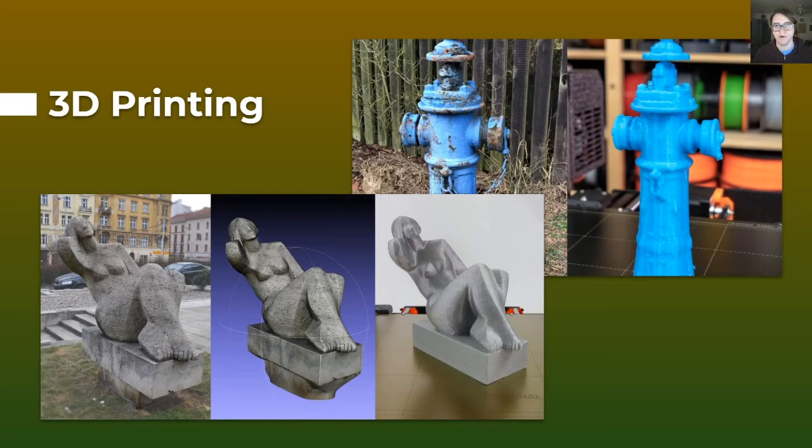Then the second part of the archiving, after you've scanned, and even for your installations that you've documented, is that you can start 3D printing. So once you have that scan, you can get your model converted into different materials that are actually physically printed. You have a wide range of things that you can do with it.